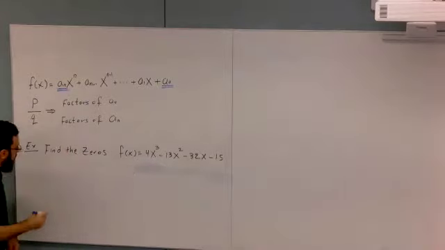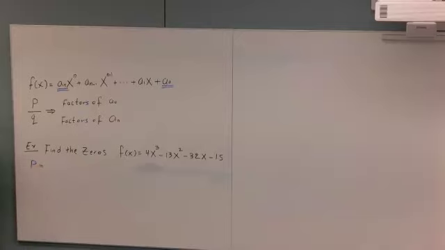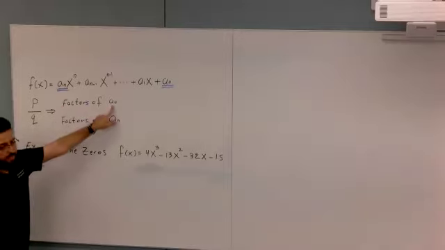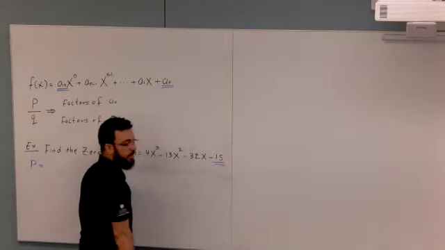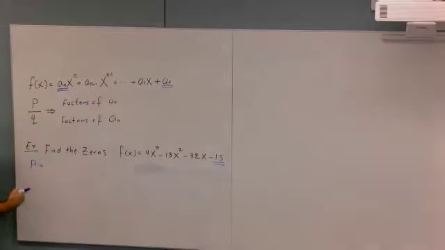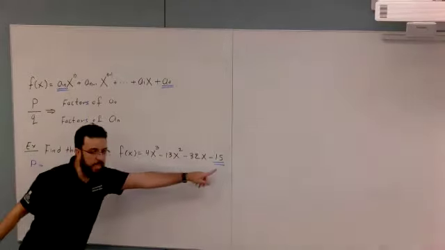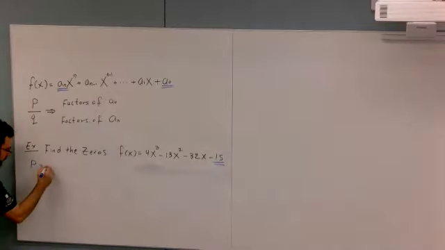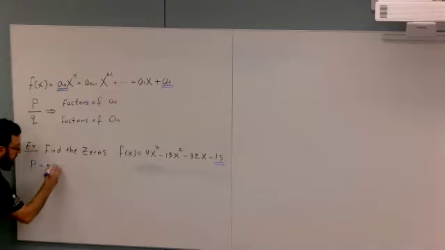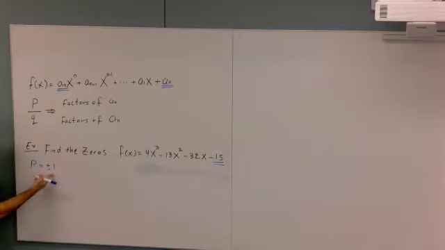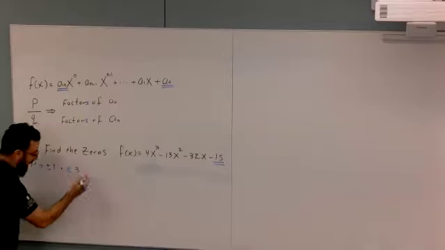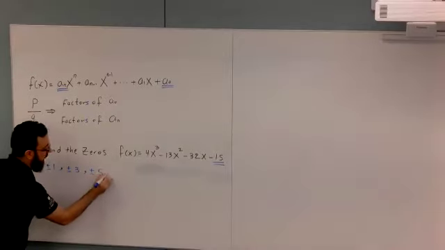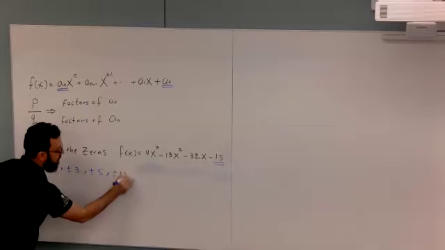I ask you, P equals what? P is the constant, right? The factors of the constant. Where is the constant? 15, right? Now tell me, which numbers do you multiply to get 15? Start from the smallest, plus or minus 1, and what else? Plus or minus 3, and then plus or minus 5, and then 15.